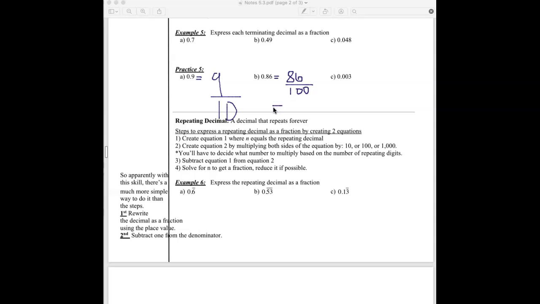So if I divide by 2, that can reduce it for me. 86 divided by 2 is 43, and 100 divided by 2 is 50, and that's fully reduced. I'm pretty sure 43 is a prime number anyhow. And then this last one, in the 3rd decimal place, we have a 3, which is the thousandths place. So this is 3/1000ths, and can't reduce that, so done deal.